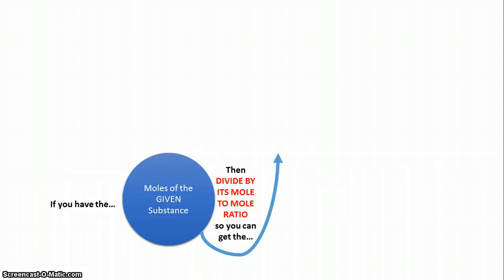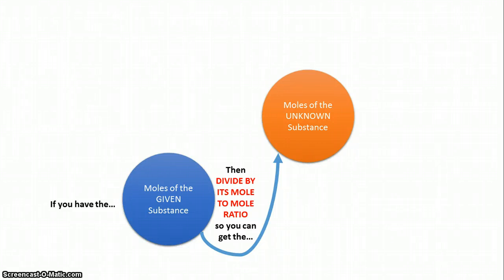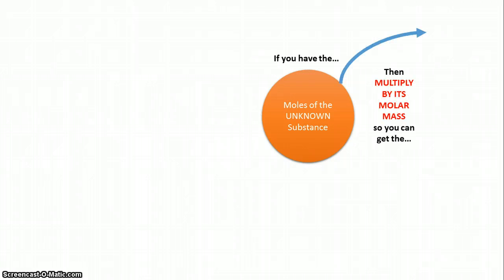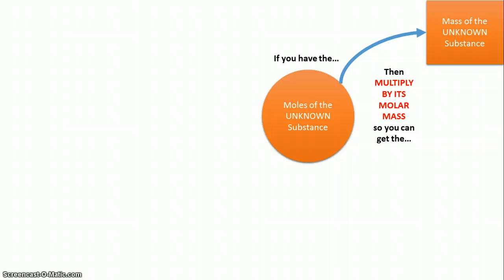Well, you can use that number to find moles of the unknown that you wrote down, and to do that, you use its mole-to-mole ratio. That comes from the balanced chemical equation. If you start with the moles of the unknown substance, and you want to know the grams of the unknown substance, then you just multiply by its molar mass.